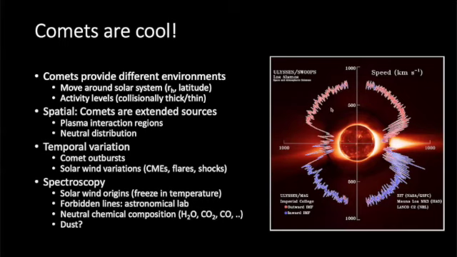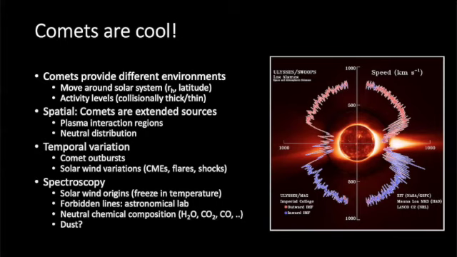And again, at solar minimum, your solar wind is organized in low ecliptic latitude and high ecliptic latitude solar winds. And comets are the only objects in the solar wind that can sample both. Your planets are just going to stay in the ecliptic plane.